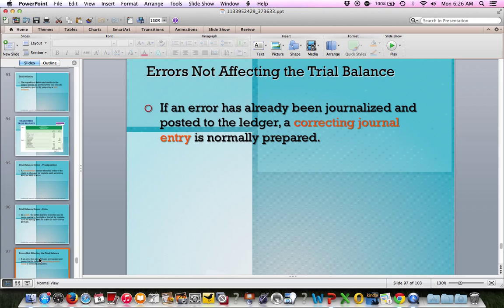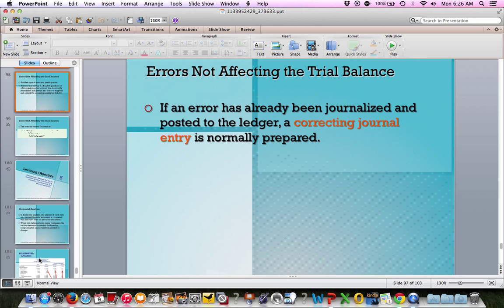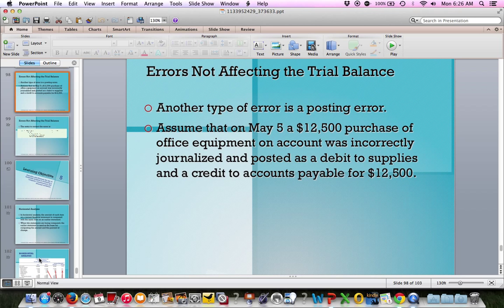If you accidentally posted to the wrong account, though, that would not show up on the trial balance necessarily. It would still balance. But sometimes what you have to do if you find an error is make a correcting entry to fix it. So it's not unusual to make a correcting entry. A posting error is basically we're supposed to debit the office equipment account, but instead we debited supplies.